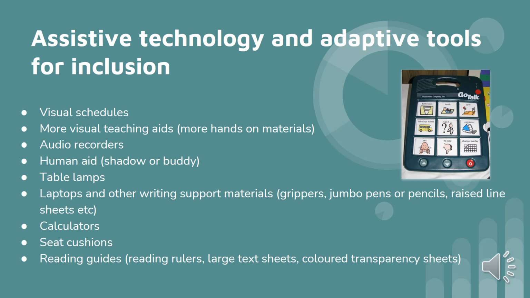I'll be looking at some of the assistive technology and adaptive tools for inclusion. The visual schedules, more visual teaching aids like more hands-on materials, audio recorders, human aids such as a shadow or a buddy, table lamps, laptops, and other writing support materials like grippers, jumbo pens or pencils, raised line sheets, calculators, seat cushions, and reading guides such as reading rulers, large text sheets, colored transparency sheets as well.